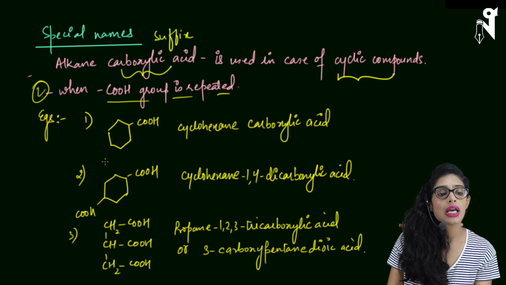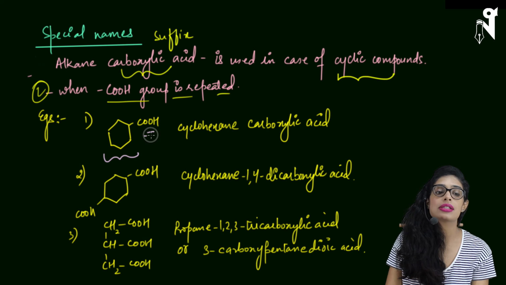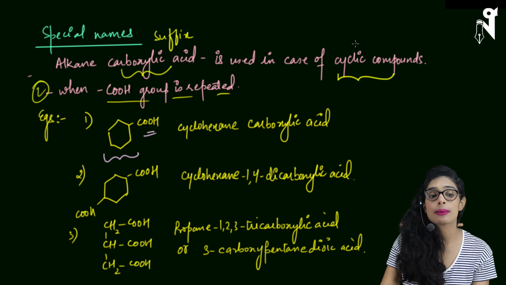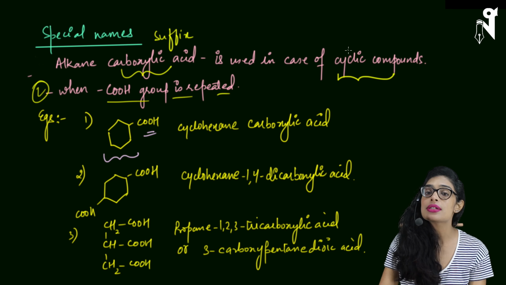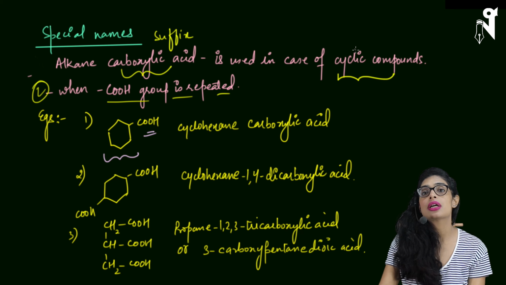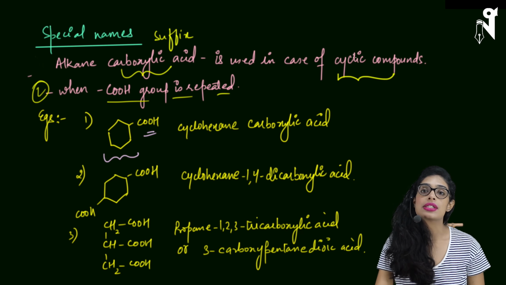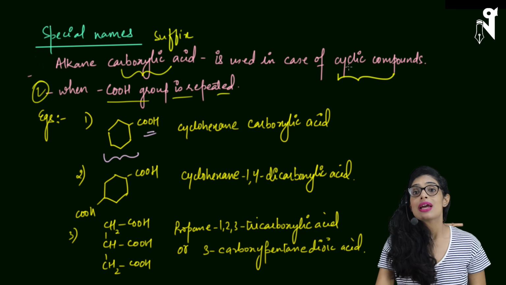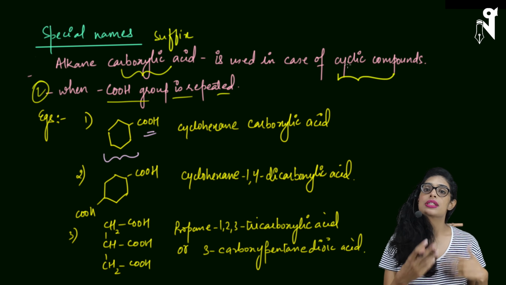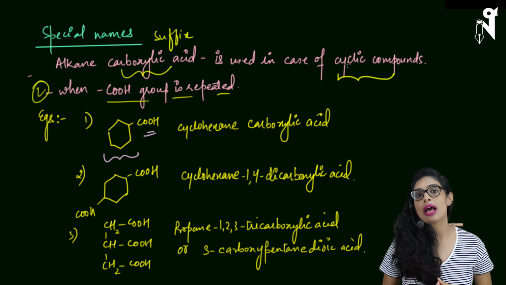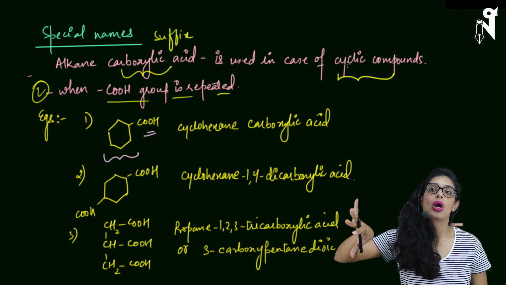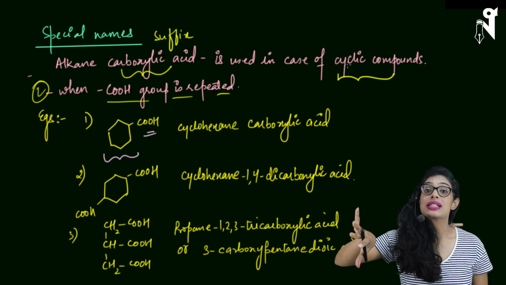Here, I have a cyclic chain and it has a COOH attached to it. It is very clear that for a cyclic compound, we will not be using oic acid. Instead, we will use the term carboxylic acid to represent that there is a carboxylic acid group present. Second important thing, we will just use the carbons of the cyclic structure and count them as the principal carbon chain, and COOH completely will be called the carboxylic acid group.